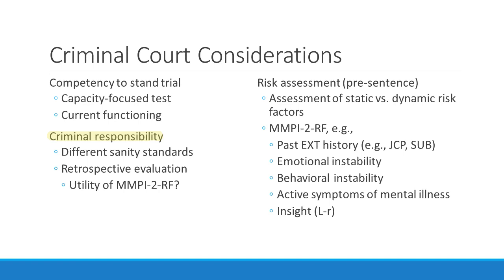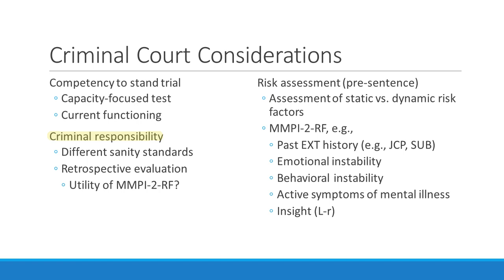So the MMPI-2-RF can certainly give some useful information. For instance, if an individual is claiming insanity and takes the MMPI-2-RF and no scale set would indicate that a person is psychotic or manic or has any other proclivities that would qualify them for mental impairment, then that is useful information.